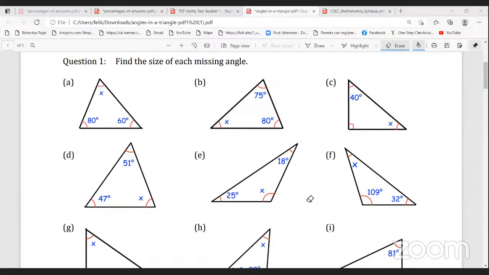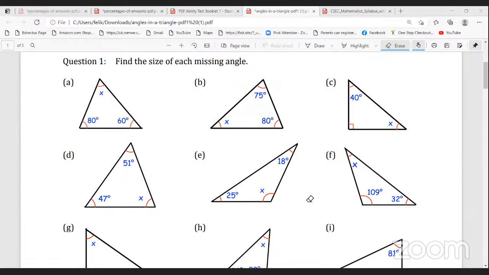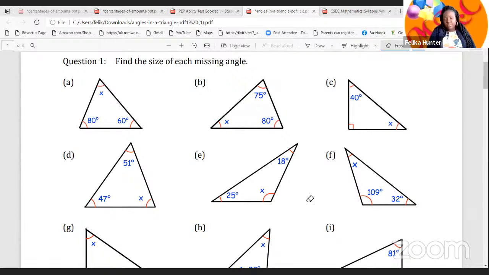Equilateral. Obtuse. Acute. So write down the types of triangles.